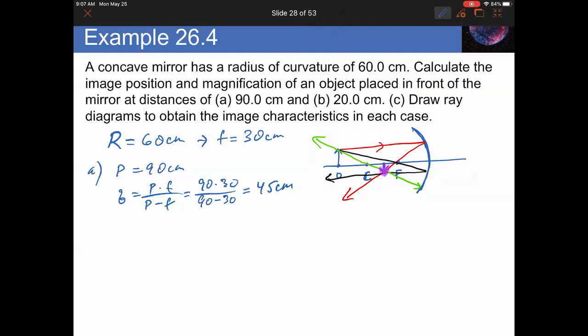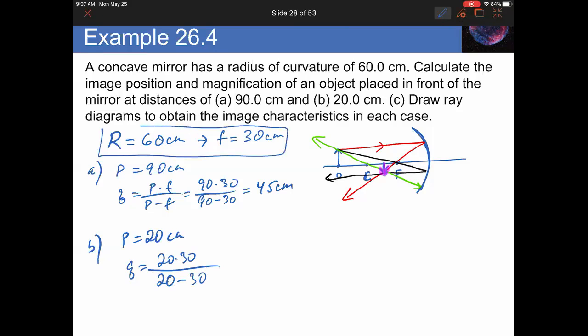Okay. Part B, we have P equals 20 centimeters. I can calculate Q, which is 20 times 30 over 20 minus 30. And remember, even if you get a virtual image with the concave mirror, R and F are always positive. If I do this calculation, I should get negative 60 centimeters.